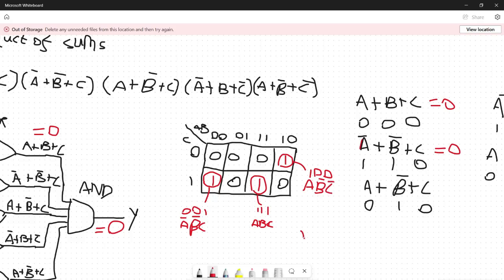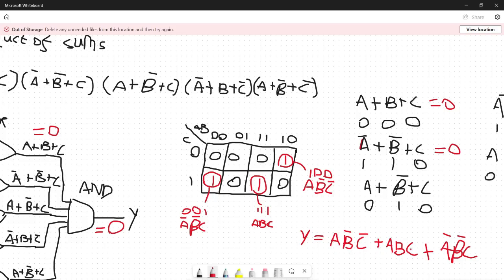But when I add these all together, my final expression will be Y is equal to A, B inverse, C inverse, plus A, B, C, plus A, B, C, plus A inverse, B inverse, C. So this is now going to be our simplest expression.